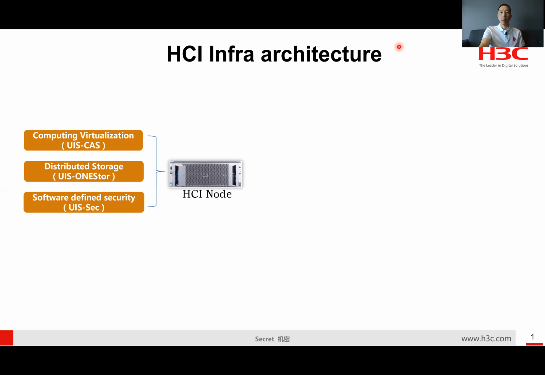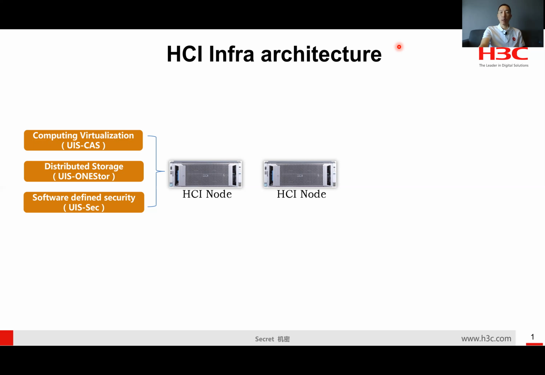After you buy one HCI node, normally you need to buy two, so that you can run your software-defined storage with redundancy and make sure there is no single point of failure. So normally when you build your hyperconverged infrastructure, you never install only one node. You have to build two nodes together.